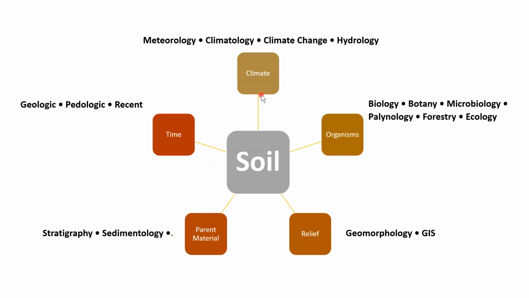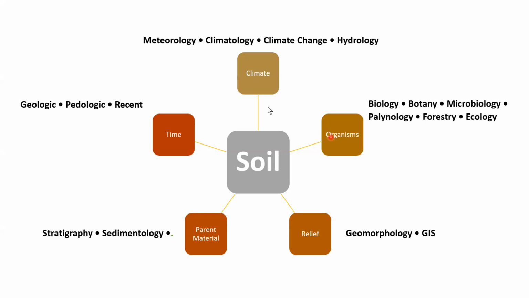Going in brief detail, if we have research relevant to the climate effect, there are subjects like meteorology, climatology, climate change, the hydrological cycle, and the carbon cycle. All of these are important to study, to see the impact of climate change on the soil and future scenarios.